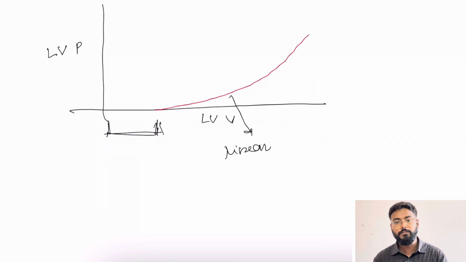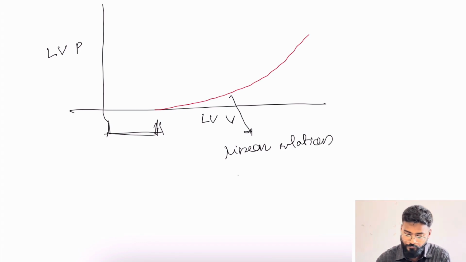In the earlier phase, as the left ventricular volume increases, linearly the left ventricular pressure also increases. So here it is the linear relation of left ventricular volume with left ventricular pressure.